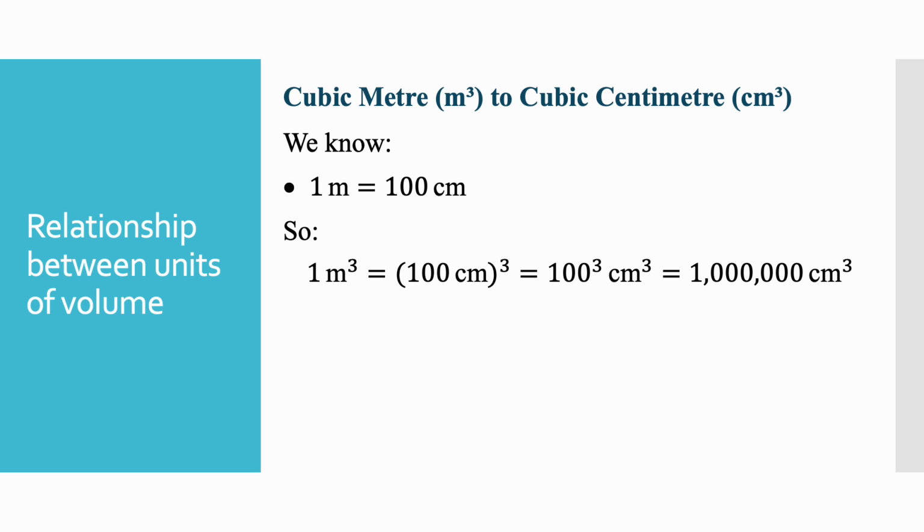That gives us 1,000,000 cubic centimeters. So 1 meter cube is equal to 10 raised to 6 centimeter cube. Or you can say that a cubic meter is a very large unit and it's made up of 1,000,000 cubic centimeters.